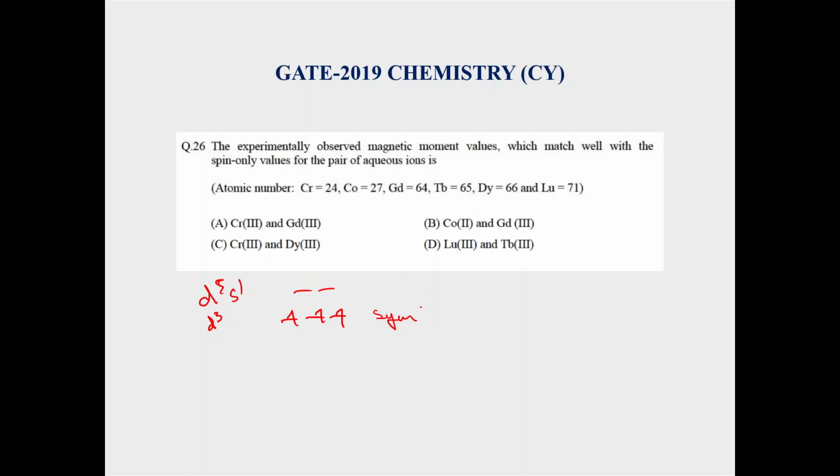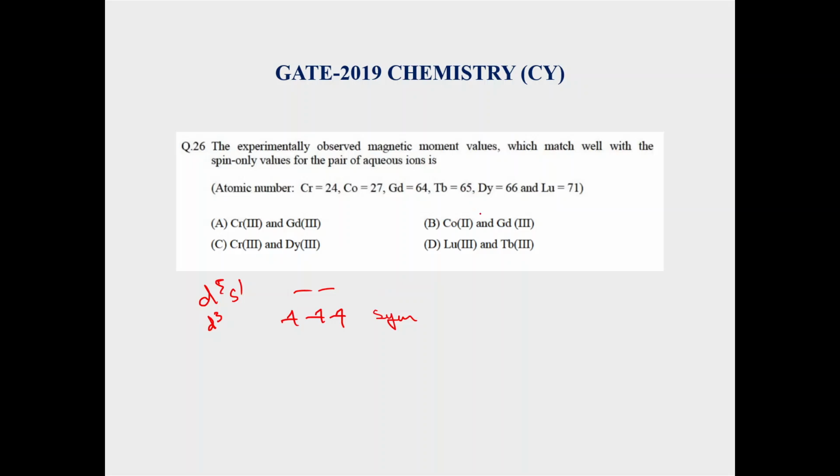Therefore, there will be no orbital contribution. I think you or someone else pointed out that only if the electrons are filled unsymmetrically do we get orbital contribution. That is correct.